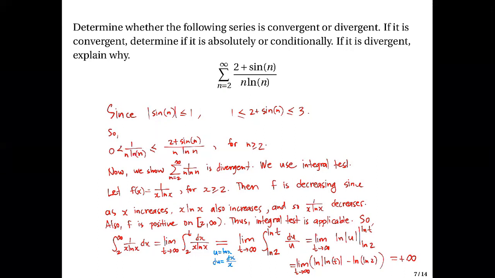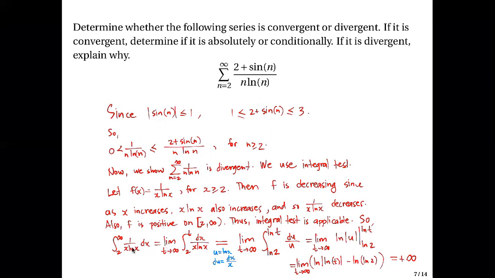And to show that this is divergent, we've done this a lot of times, we need to use the integral test. So, let us show all the conditions to apply the integral test. We have the decreasing part and we have positivity.